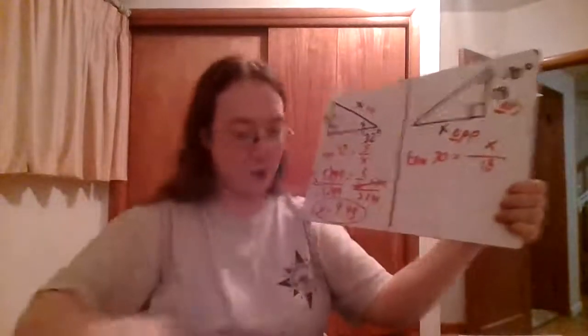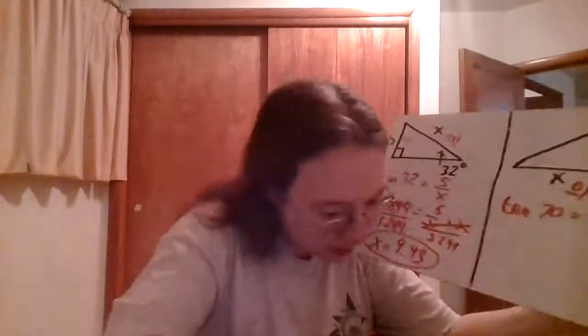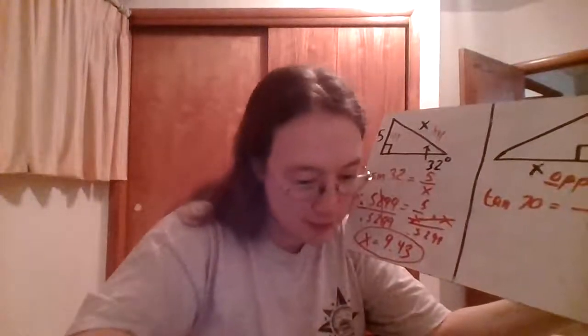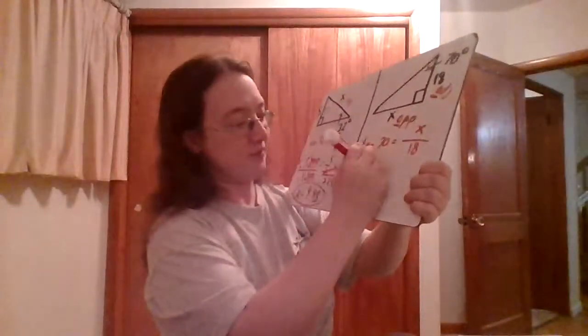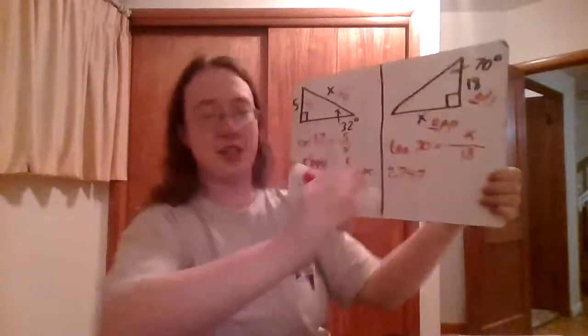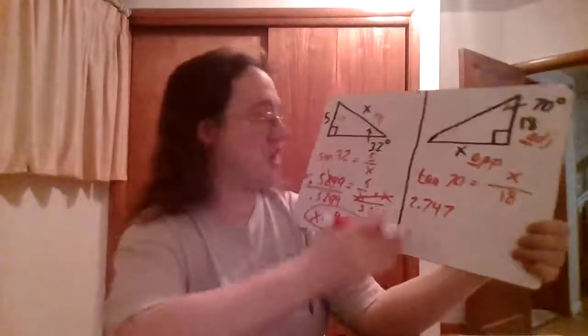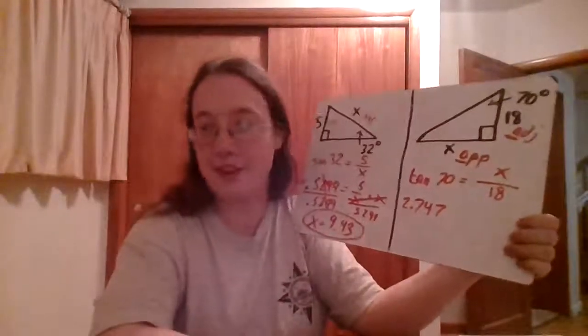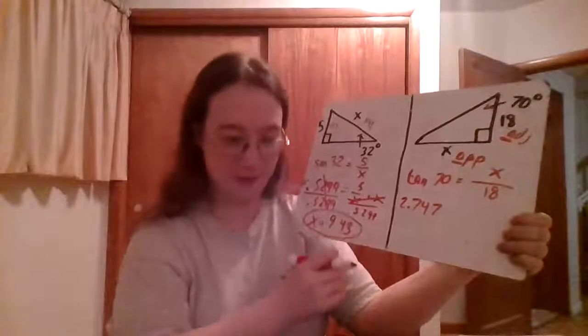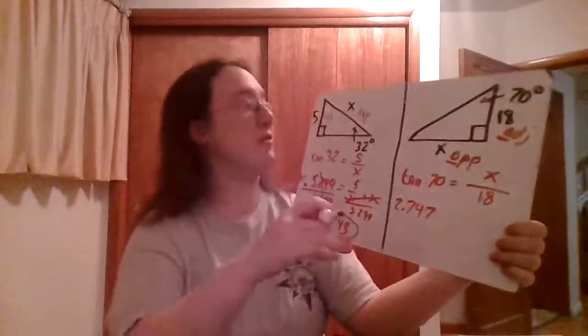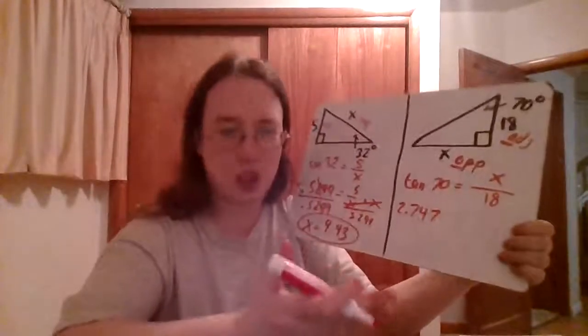Okay, so now I want the tangent of 70, and again, make sure you're in degrees. Tangent of 70 is about 2.747. And I'm rounding these. In general, 3 or 4 decimal places is fine. That'll get you close enough. I mean, there was something after this 9.43, but close enough.